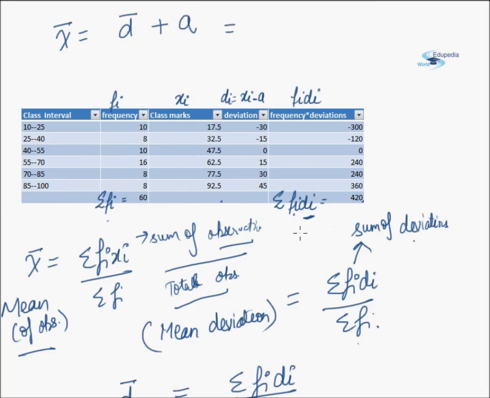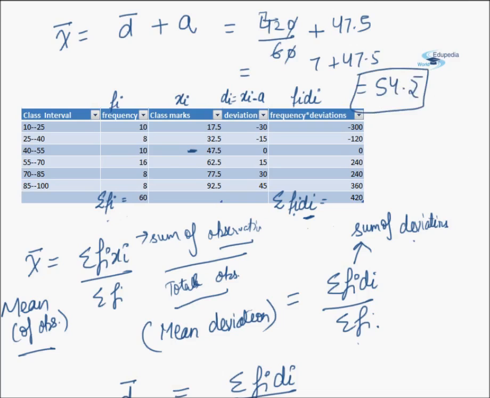Now mean deviation is summation fi di, that is 420, over summation fi, that is 60, plus assumed mean, which in our case is 47.5. So mean for the given data is 7 plus 47.5, which is 54.5.